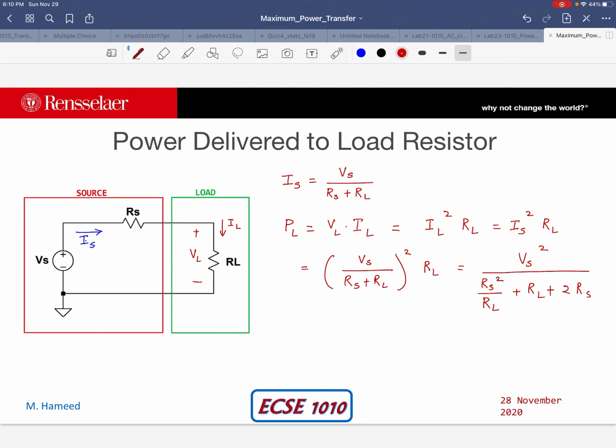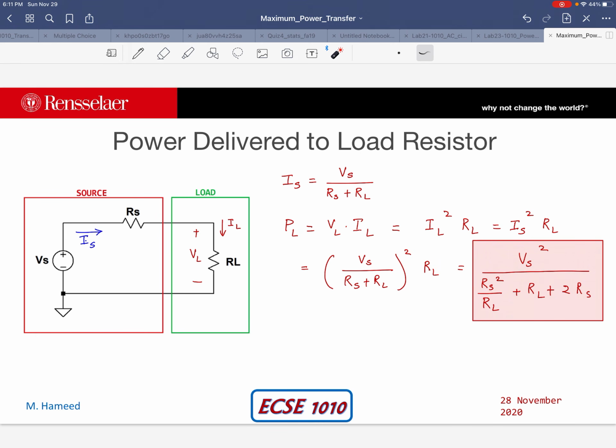So this is going to be the power that is delivered to the load resistor, and as you can see, in the numerator I have Vs squared, and if I use a constant voltage source over here, that is going to remain as is, and then the denominator depends on both Rs and RL.